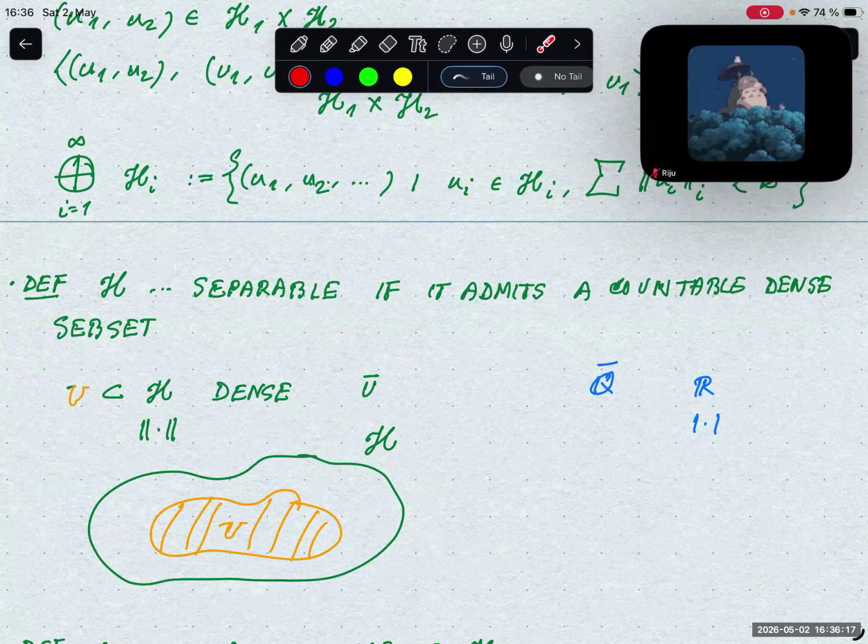You can also think of these as the subclass of Hilbert spaces where you have an orthonormal basis. Does it answer your question? Thank you. Any other questions?